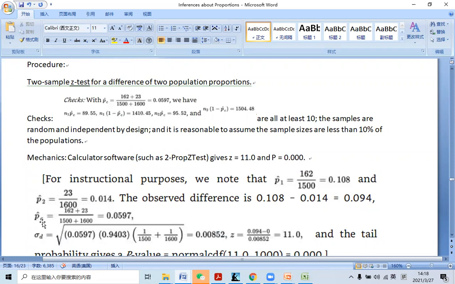First, you need to combine the samples. How many people did you get from the UK? And how many people did you get from the United States? Combine them, and then you estimate the standard deviation for the differences.